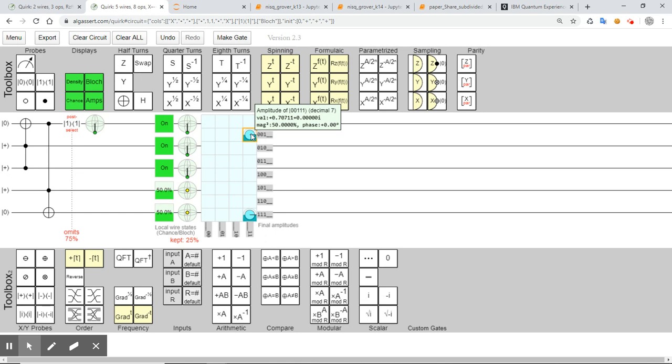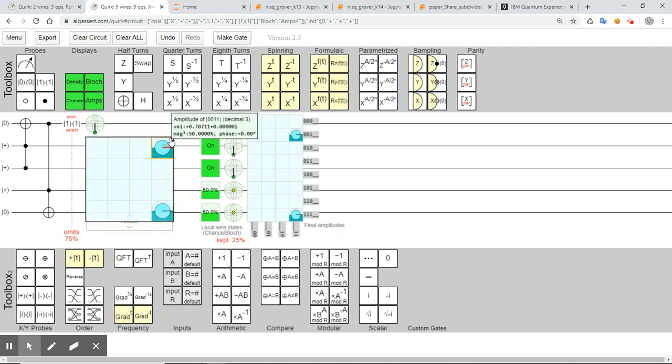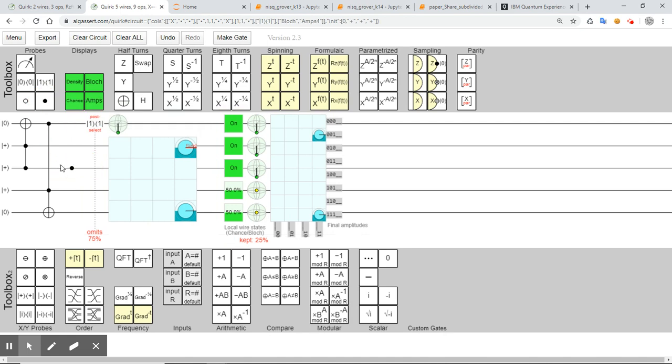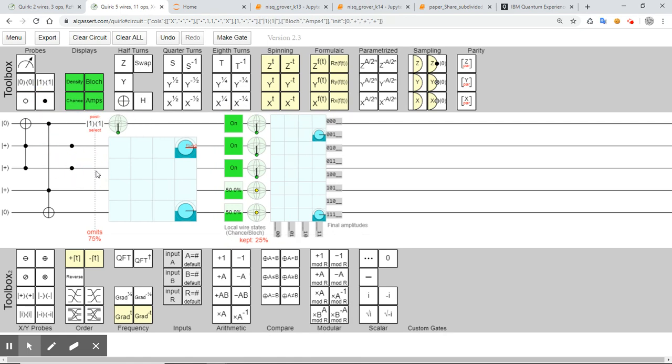If I post select for 1, it still leaves me with a probability. What if I take a look at these now? That collapses the state into something super weird, right? Is it? Because yeah, that's not what we want. We want these measurements to be independent. If I uncompute and then I post select, that shouldn't happen, I think.